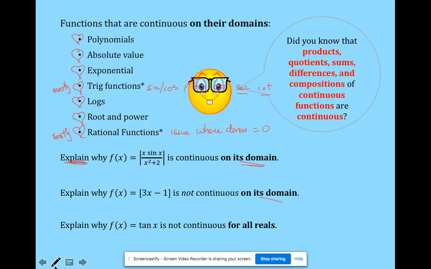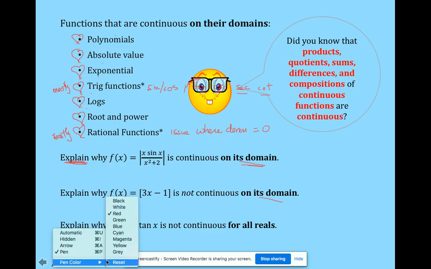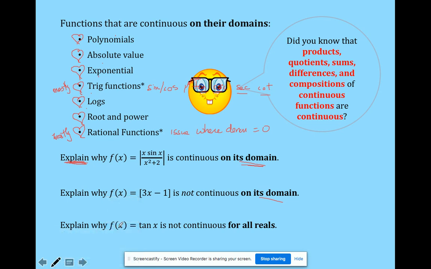So look at what I have here. I have absolute value. Absolute value is continuous. Composed inside is a rational function. The numerator is a product of x, which is continuous, and sine x, which is continuous. Polynomial and sine.